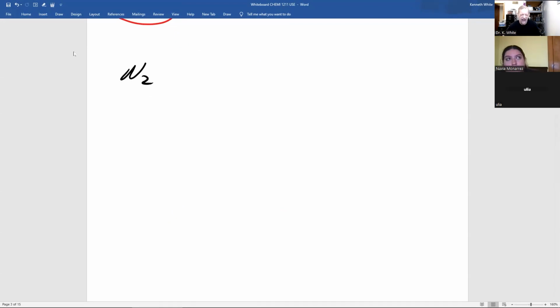Well, we have 2 nitrogens, and each one has 5 valence electrons. Remember, look on top of the column of the periodic table, and we just did that, so I'm not going to do it again.